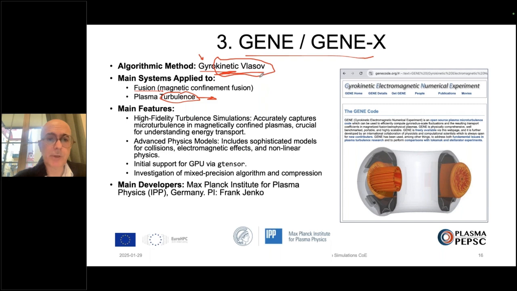So, a major physics achievement here. These are high fidelity turbulence simulations.